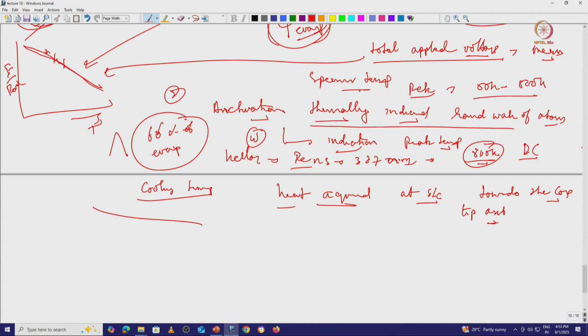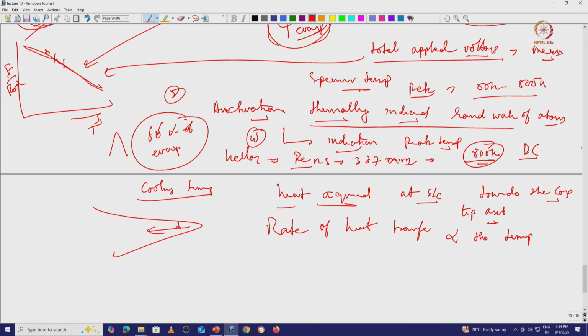So the rate of heat transfer is directly proportional to the temperature differential.